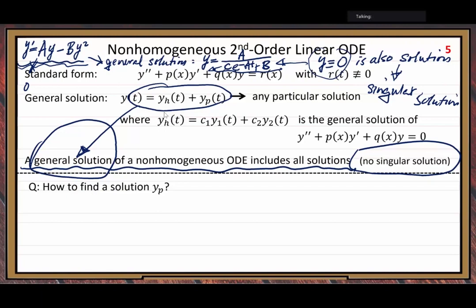So after you find the solution in this form, you know you do not miss any solution.